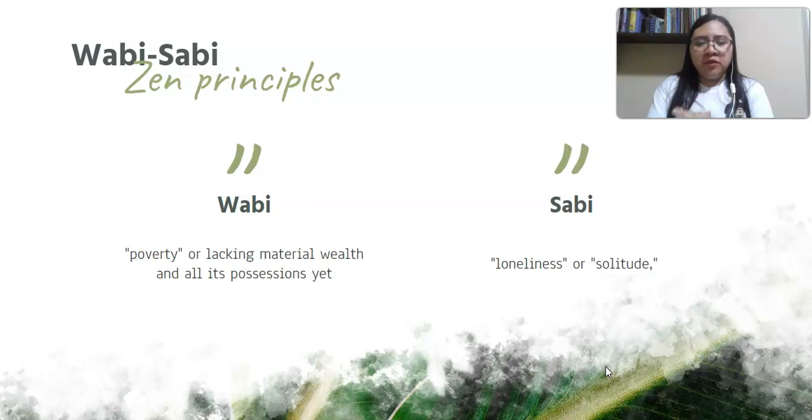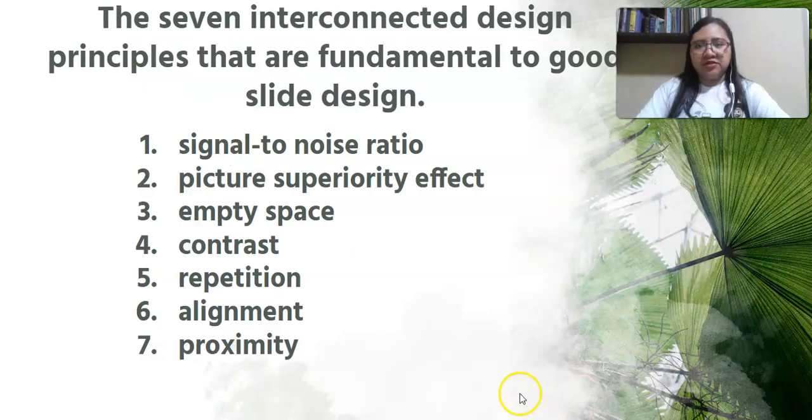Here we have more principles like poverty, or lacking material wealth in all its possessions, yet loneliness or solitude. So here, I have some key points, keywords, and I don't have a lot of information.